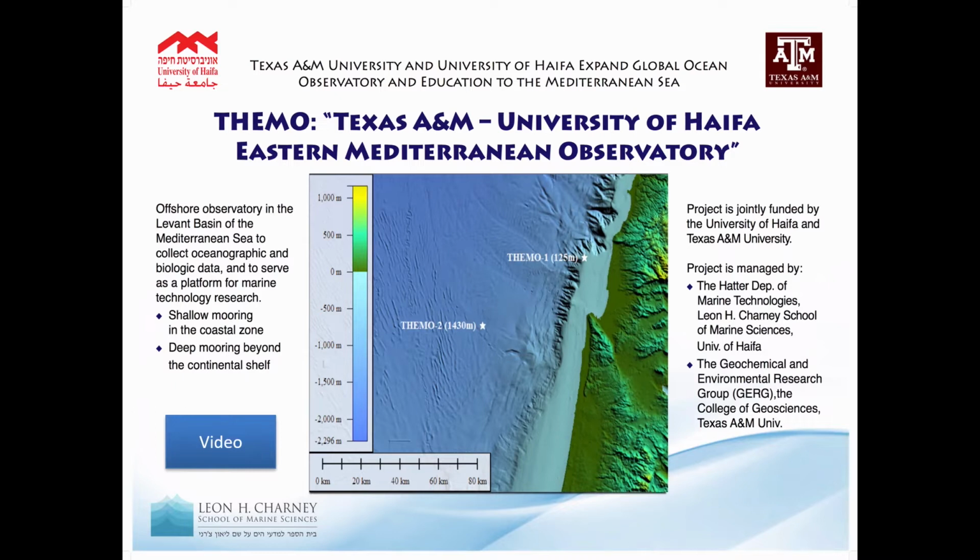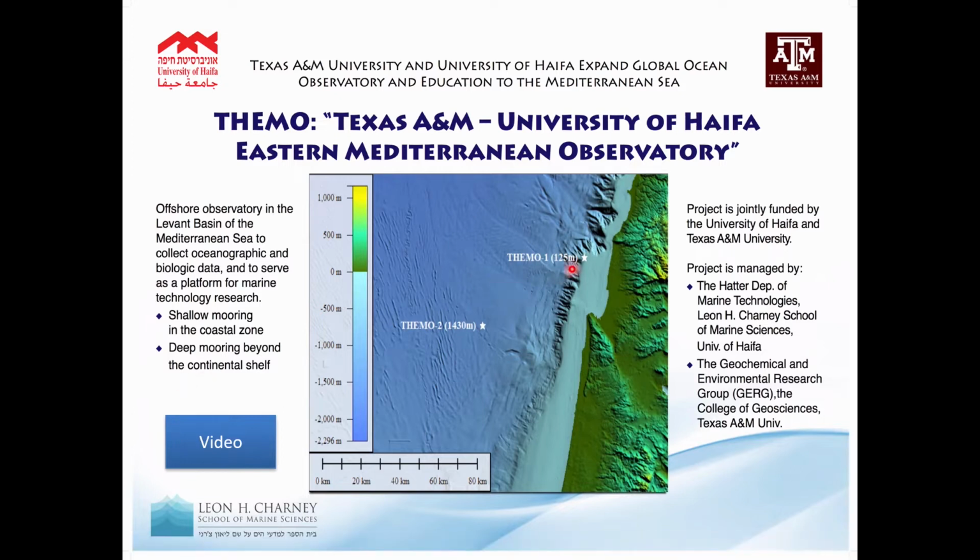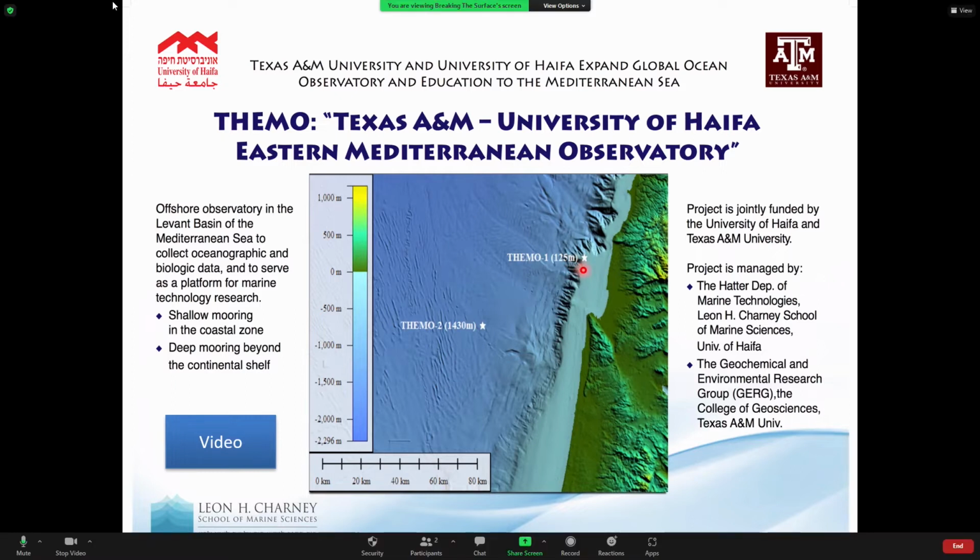There is a shallow mooring that is shown here. Okay. All right. So there is a shallow mooring, which is roughly 11 kilometers off coast. It is right on the continental shelf at 125 meters.